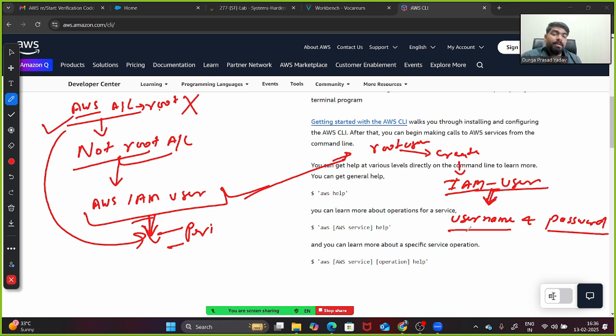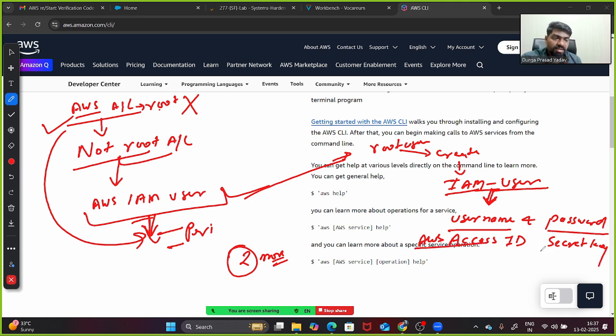Parallelly, two more things will get created, which we can call the AWS access ID and secret key.